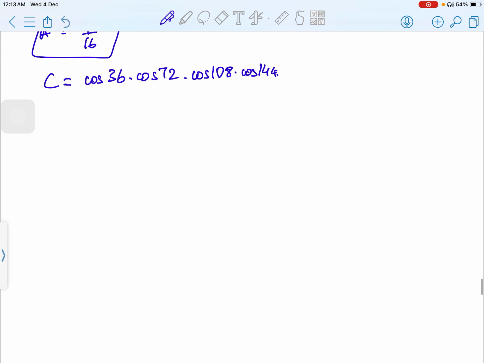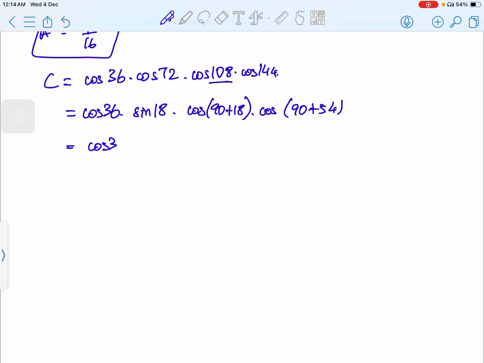So cos 36, and cos 72 can be written as sin 18. This also is cos of 90 plus 18. This will also be cos of 90 plus 54. So cos 36 sin 18.